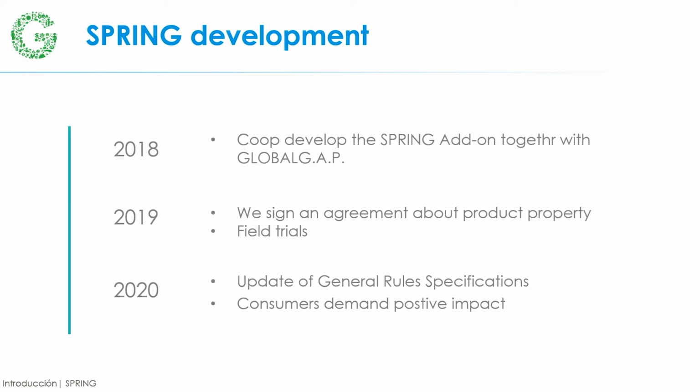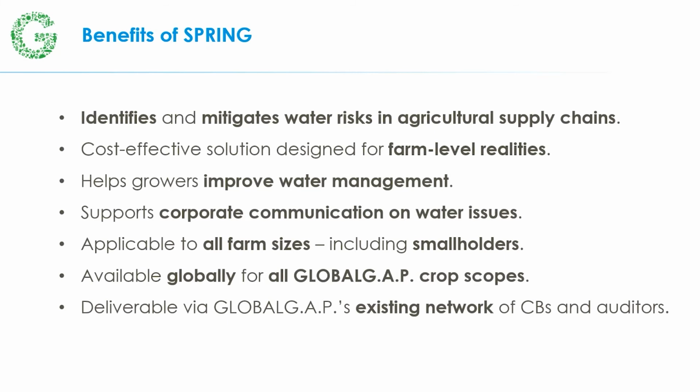To give you a short overview of some benefits of spring: identify and mitigate the water risk in the agricultural supply chain. You know that the first tool in spring is a water risk assessment. That is an important tool to adapt spring to each different situation.